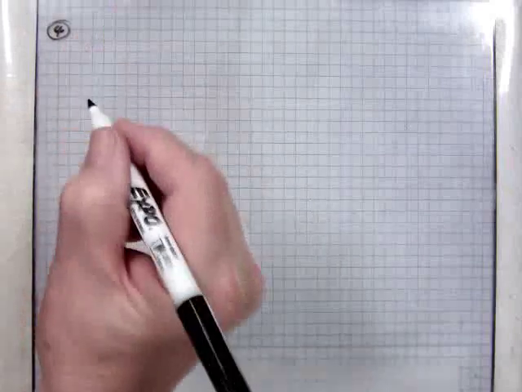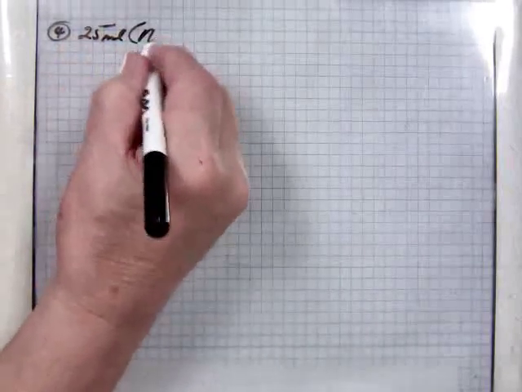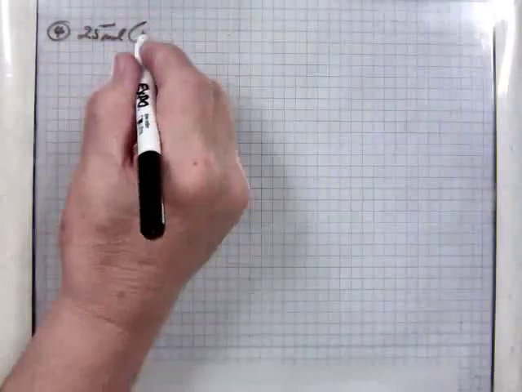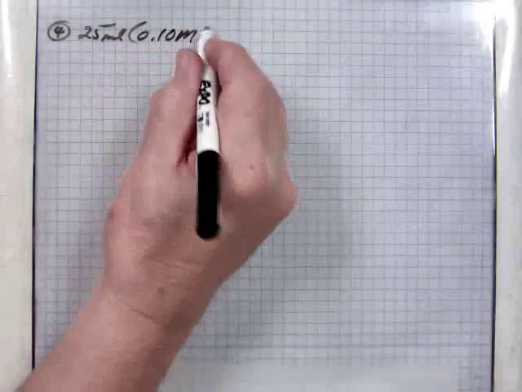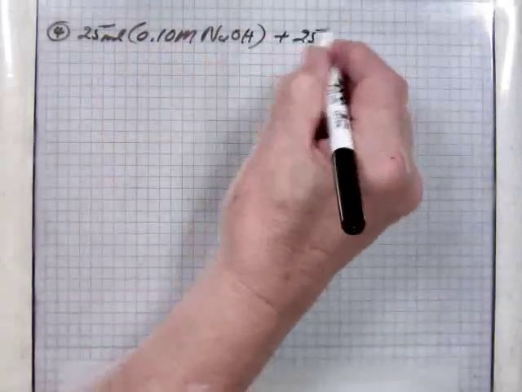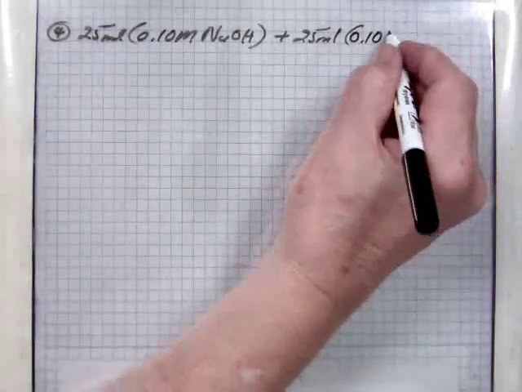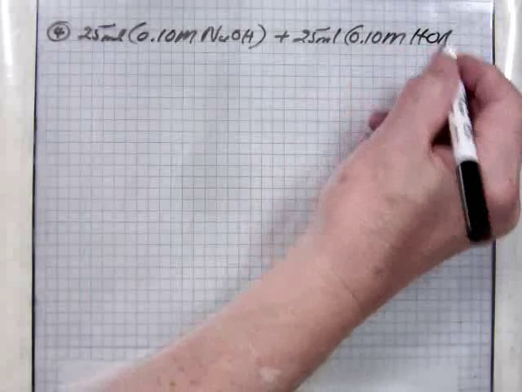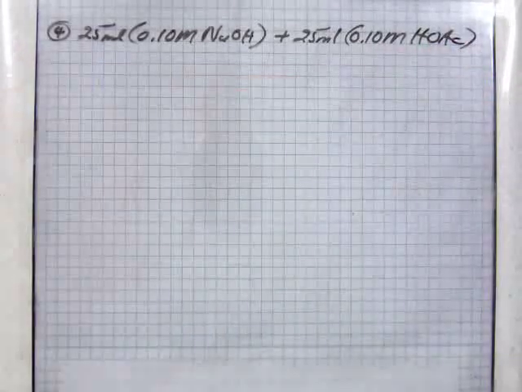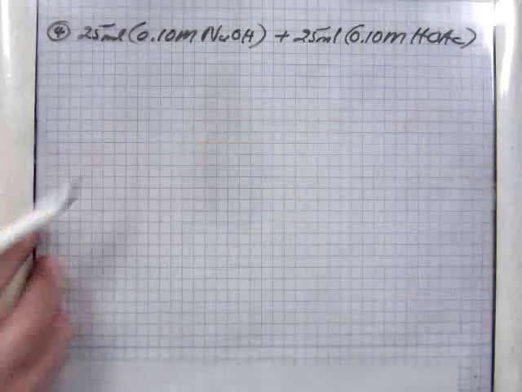Here is 25 milliliters of 0.10 molar sodium hydroxide plus 25 milliliters of the 0.10 molar acetic acid. So what are you going to have? You're only going to have salt remaining after you conduct the reaction.